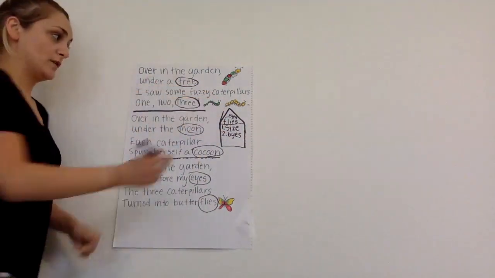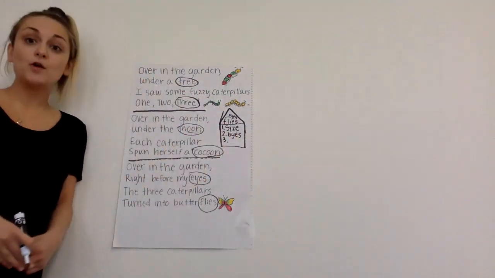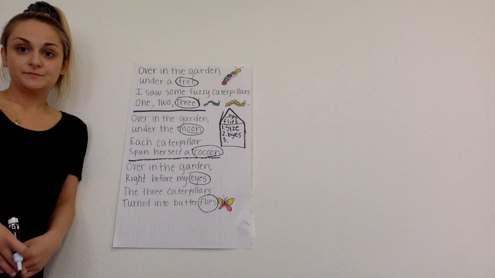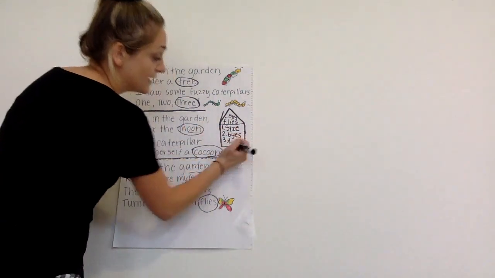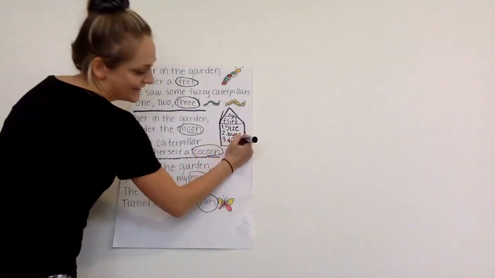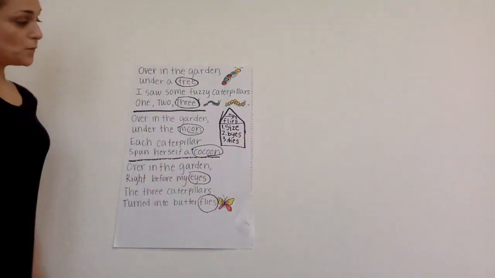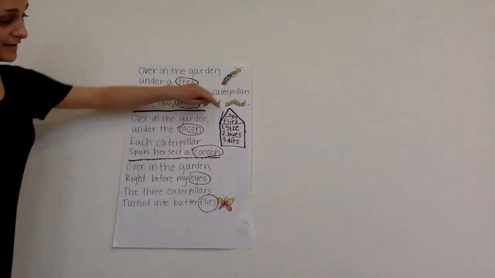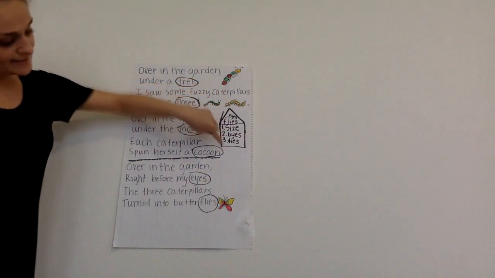What is another word that rhymes with eyes and flies and size and buys? What about dies? Very good. D-I-E-S. Dies. So we have 3 words that rhyme with eyes and flies. We have eyes, flies, size, buys, dies.